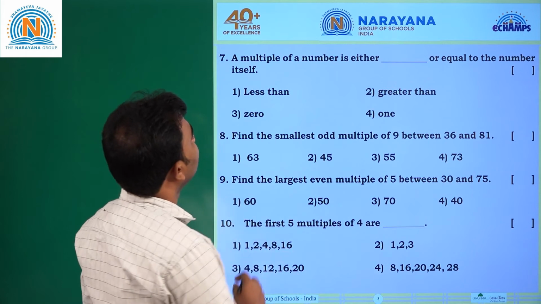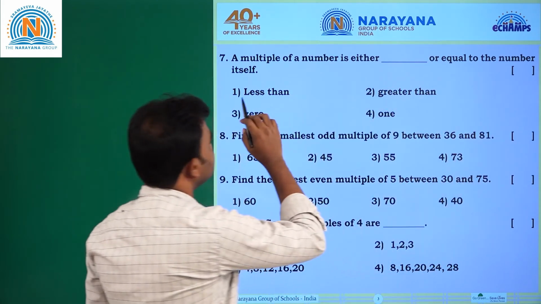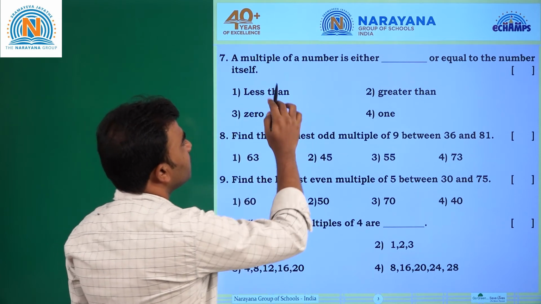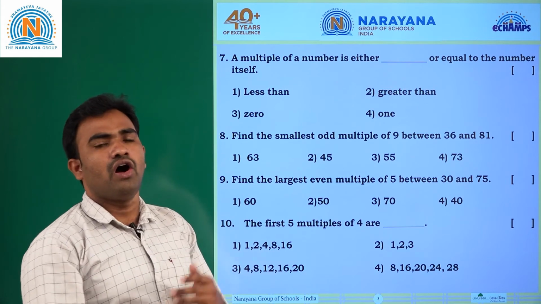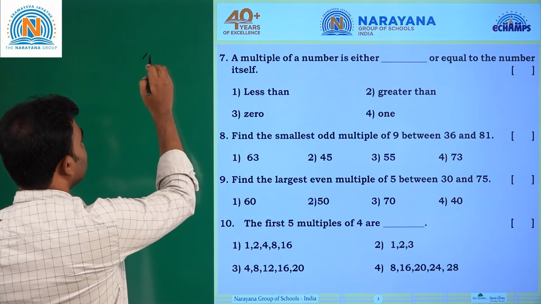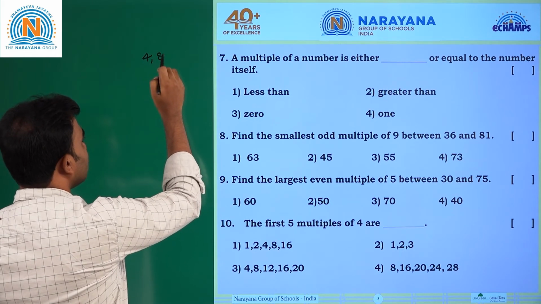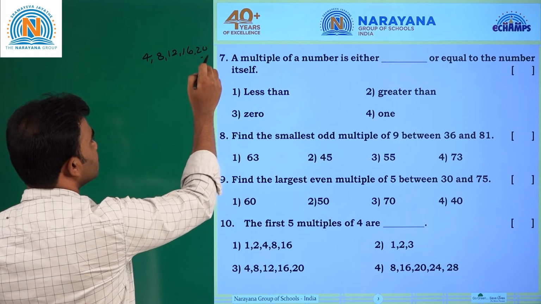Next, a multiple of a number is either greater than or equal to the number itself. Example, the multiples of 4 are 4, 8, 12, 16, 20 and so on.